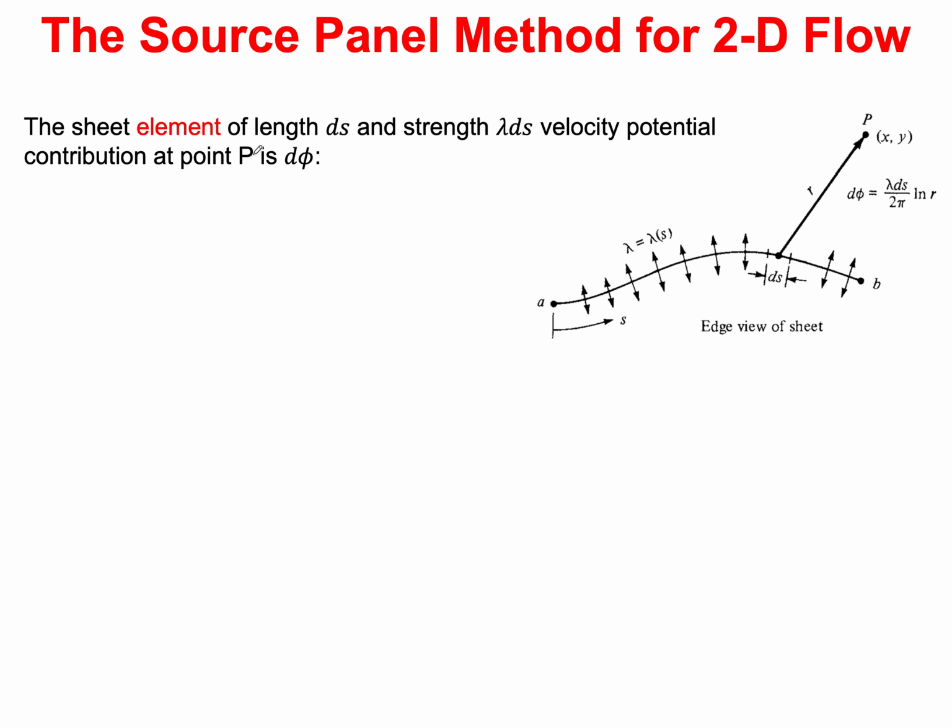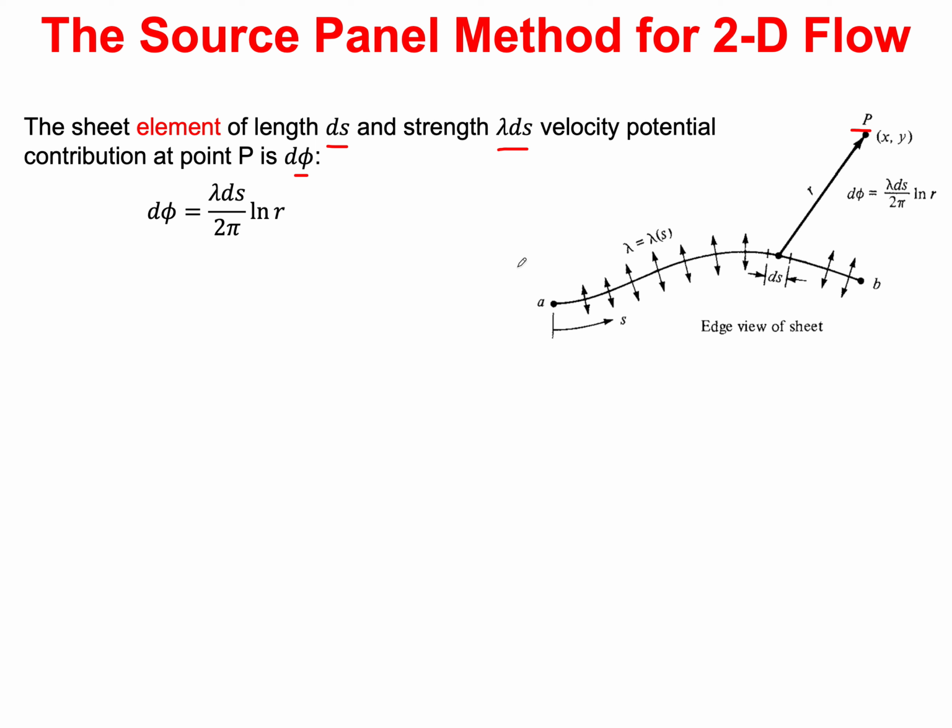So that's what it is in a nutshell. Just to summarize, the sheet element is of length ds, and its strength is lambda times ds. So the velocity potential contribution at point P is d phi, as we have seen in the previous slide.